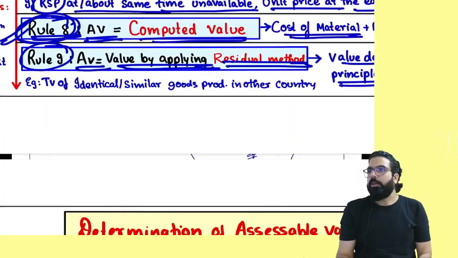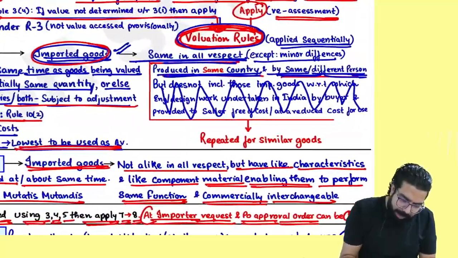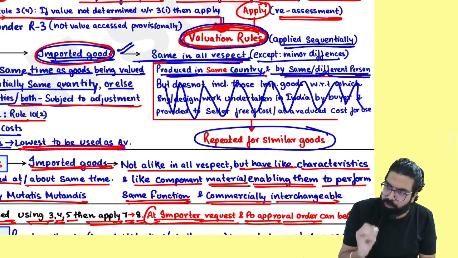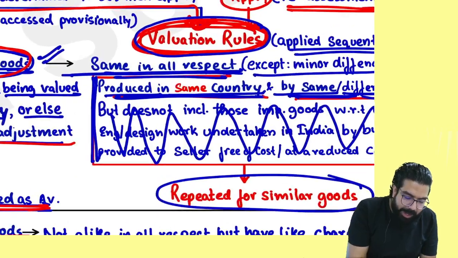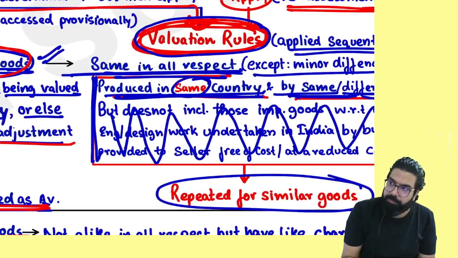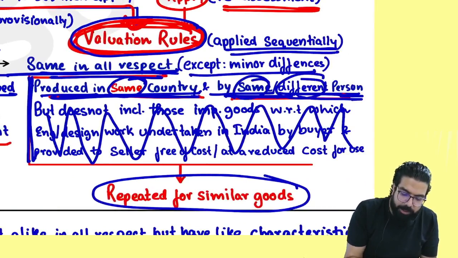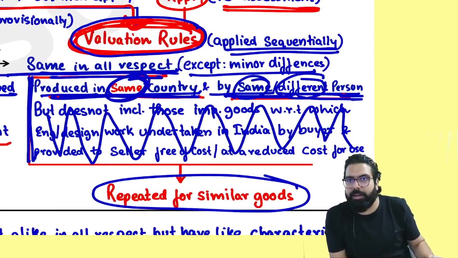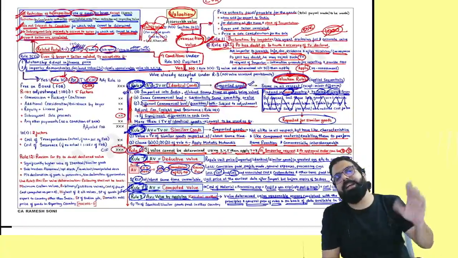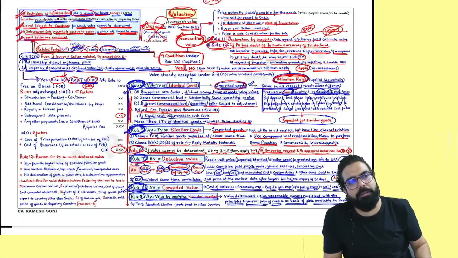For an example, identical, this is applicable for similar goods also. This what I told you is applicable for similar also. See, identical goods should be same country by same or different person, but it should be always same country. Only then you can consider as identical goods. For an example, identical goods from the same country not available.